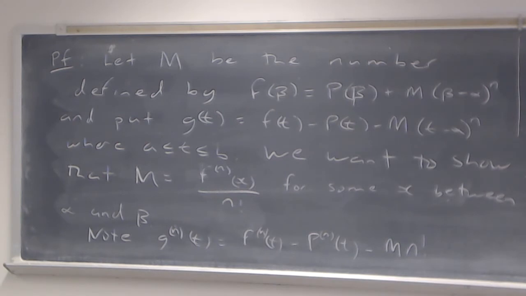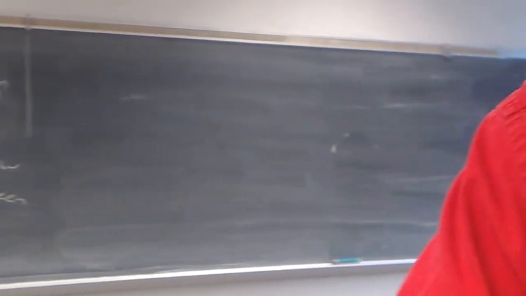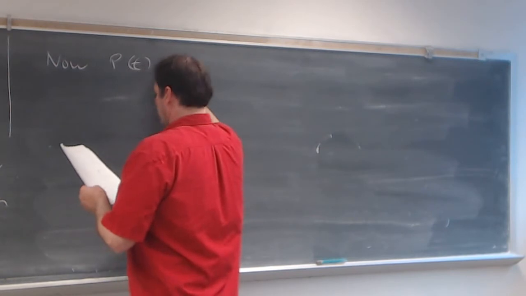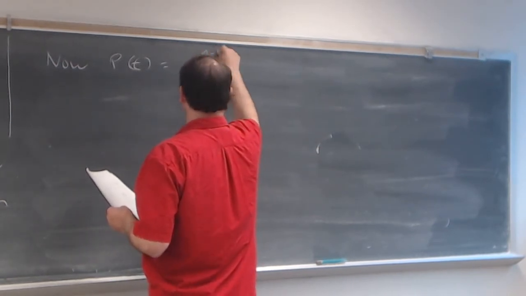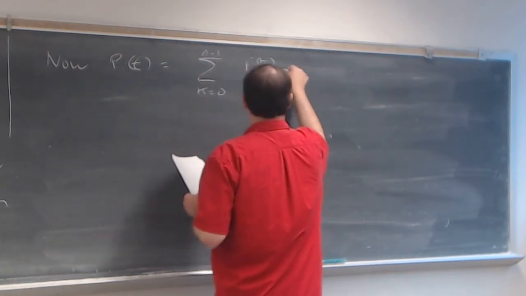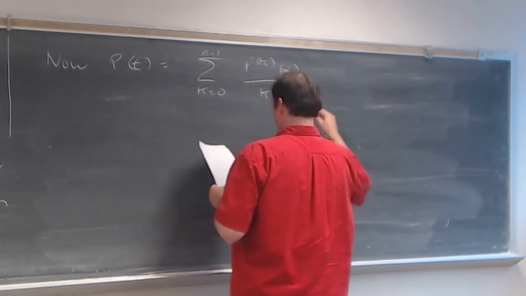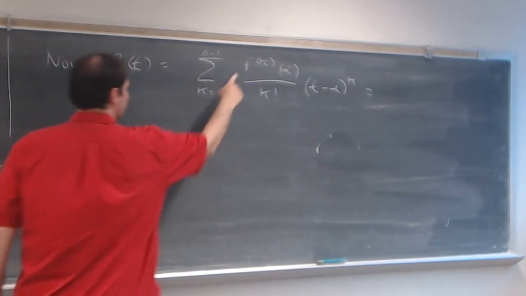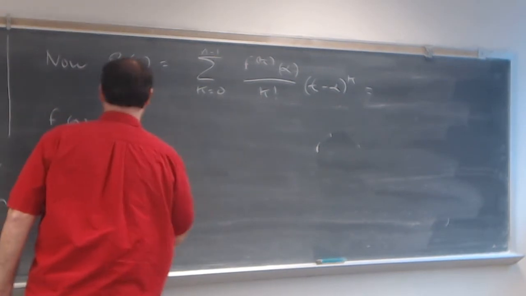Now let's look at P of t a little bit. P of t is going to be equal to, don't forget, by definition, the sum as k runs from 0 to n minus 1 of the kth derivative of f evaluated at alpha, all over k factorial, times t minus alpha to the k, which if we expand this will be equal to, when k is equal to 0, the 0 derivative, so that's just f of alpha over 0 factorial, which is just 1.